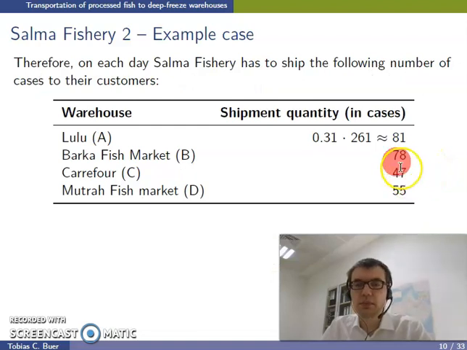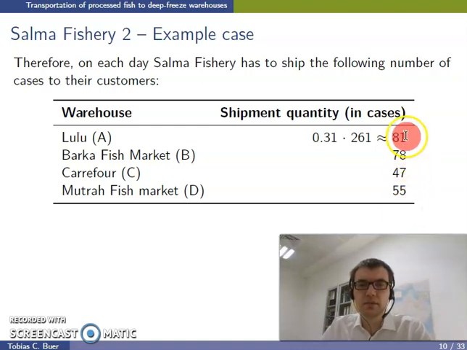So given the percentages and the total number of cases, this means that we have to provide Lulu with 31% of our production of 261 cases. This is roughly 81 cases. In this case, of course, we are only dealing with integer numbers.